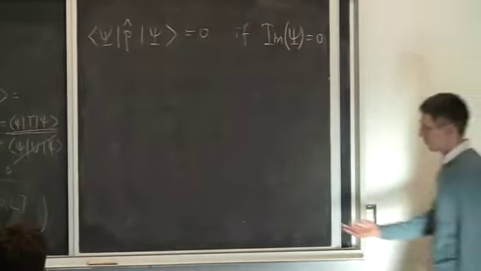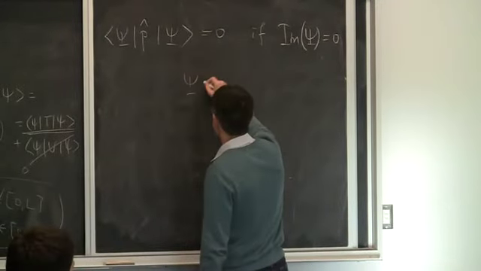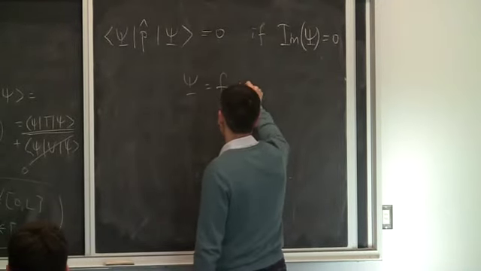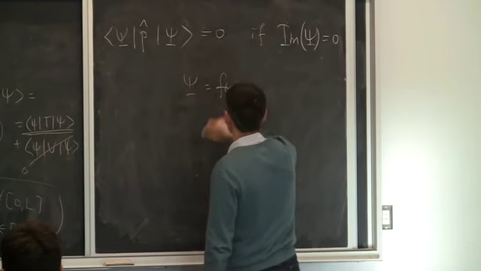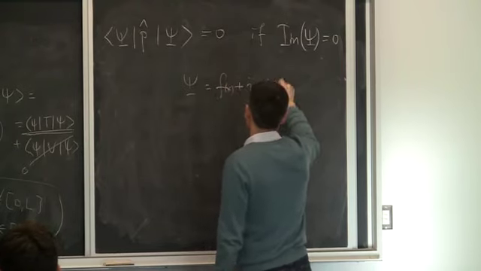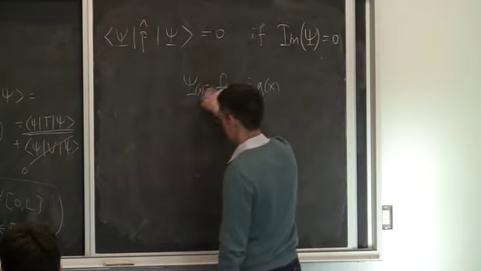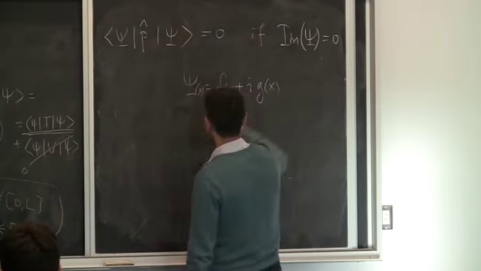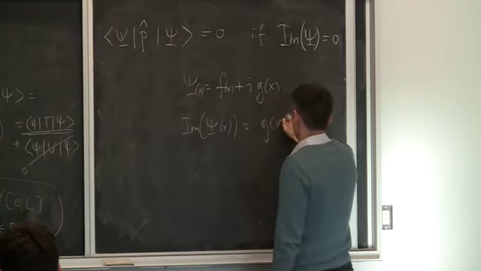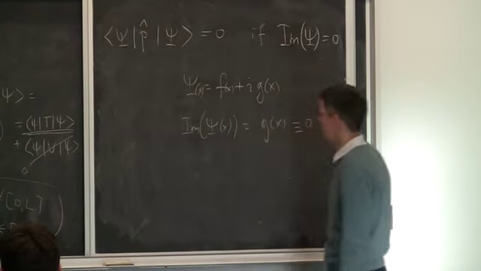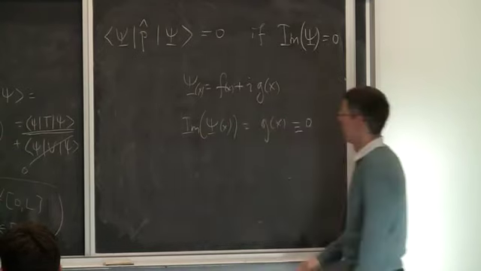So a general function can always be written as a sum of two real functions, f of x plus i times g of x, right? Just any function psi of x. And so this condition, the imaginary part of psi, is essentially the function g of x, and that must be zero. So that's the condition. So you don't have anything with i in it, or in front of it. So for any function like that, the momentum will always be zero.